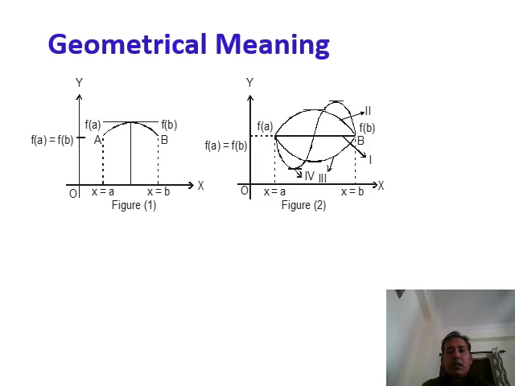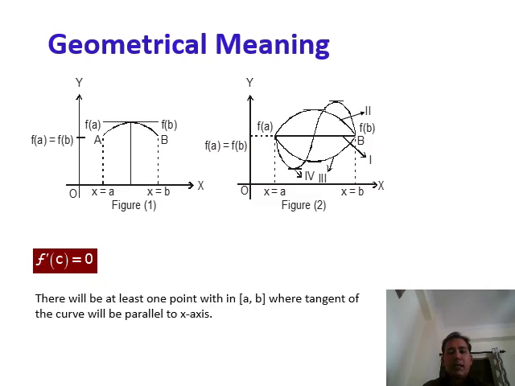Then if we join A to B directly, then AB is the line parallel to the x-axis whose slope is 0. Therefore, f'(c) will be 0 and c lies between a and b. There will be at least one point in the interval (a, b) where the tangent of the curve will be parallel to the x-axis.